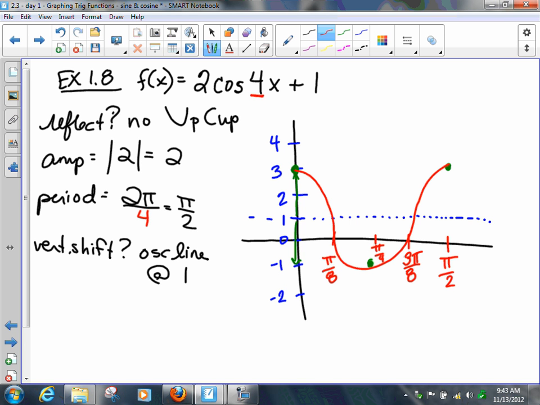This is what you're going to be doing on these problems. You've got to tell me all of this information over here on the left, and you got to be able to graph it on paper. That's it. Questions? Not yet? Okay. All right. Okay. Let me cut the recording off.